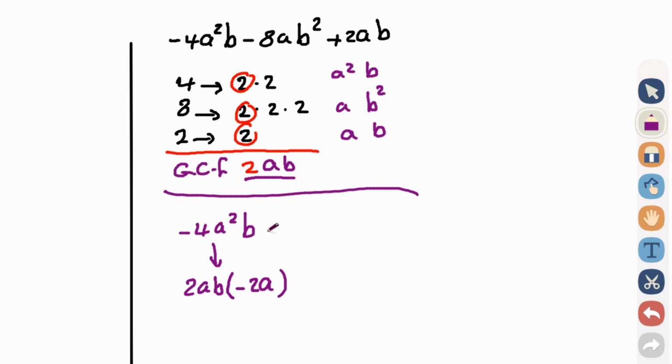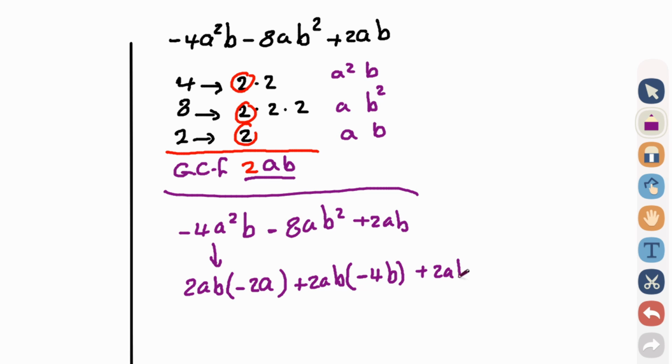The second term, negative 8ab to the power of 2, can be written as the product of 2ab and negative 4b. And the third term, 2ab, can be written as 2ab multiplied by 1. The remaining factor here is 1 because the greatest common factor is the same as the term.